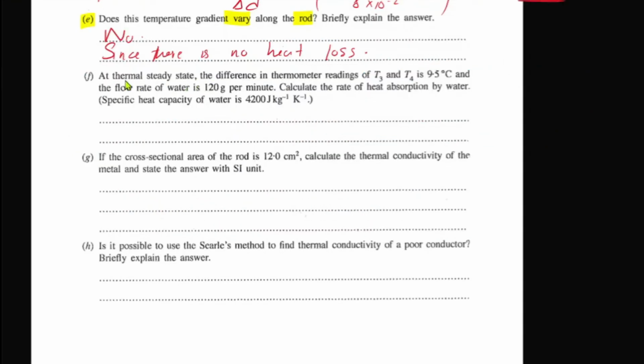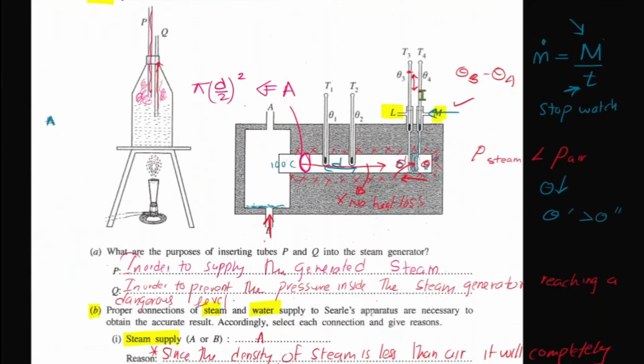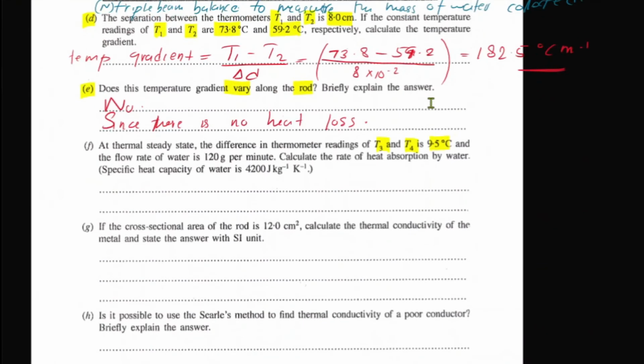At the thermal steady state, they're saying the next thing. At the thermal steady state, the difference in temperature between theta 3 and theta 4 is 9.5 degrees Celsius, right? At the thermal steady state, when the temperatures reach a situation where they don't vary or fluctuate anymore, they have given the difference between these two thermometer readings as 9.5.